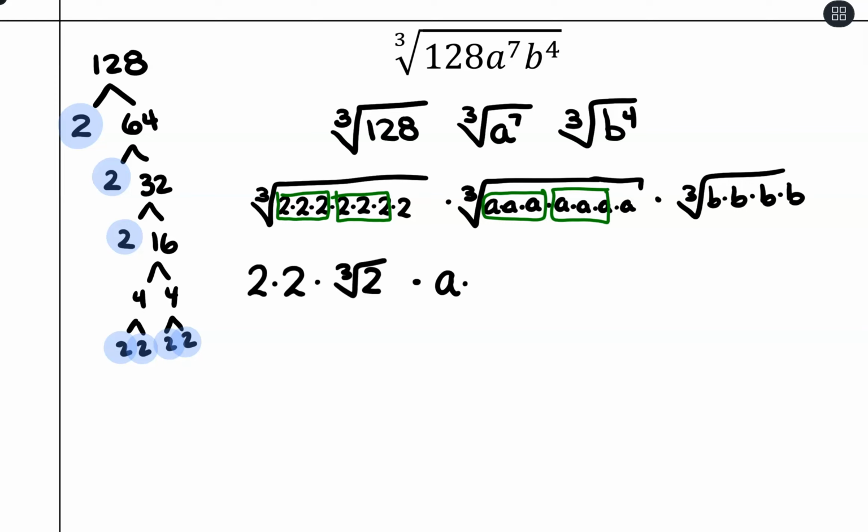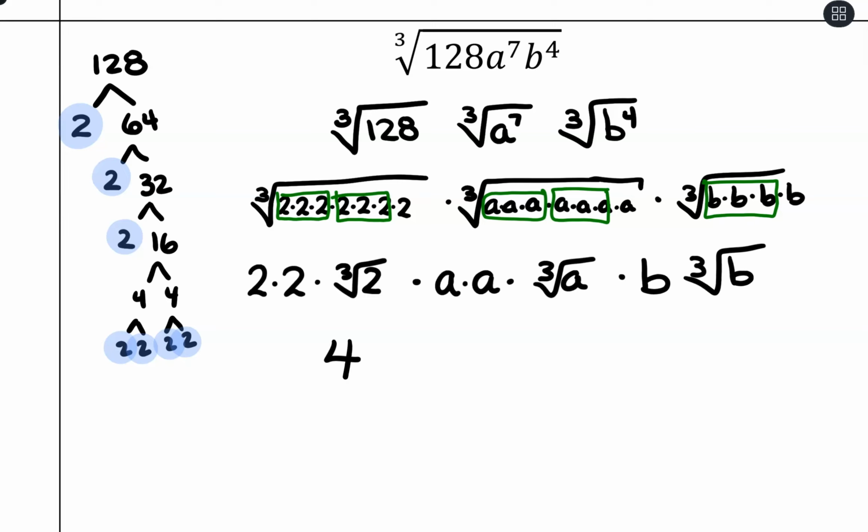So we'll have an a outside, another a outside, and then 1 a still trapped underneath. And then the b's will have a grouping of 3. So 1 b will come out, but then we'll still have a b underneath. So we'll have 4a squared b cube root of 2 times a times b.